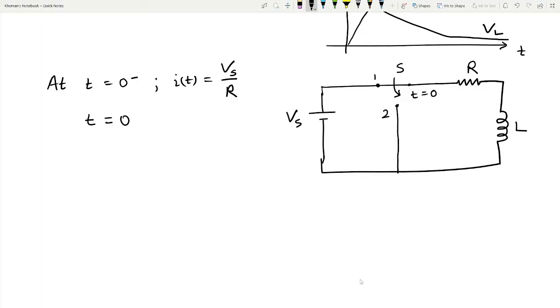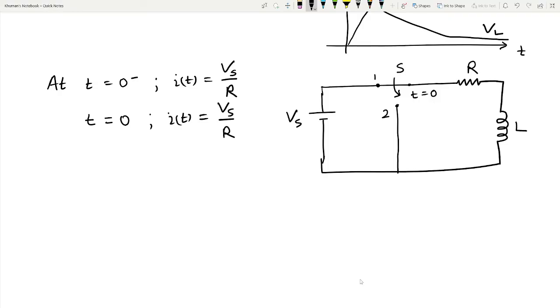That's why at t equal to 0 also it will be equal to Vs by R. Because when the switch is at 1, the inductor behaves like a short circuit because the current has been flowing for t equal to infinity.